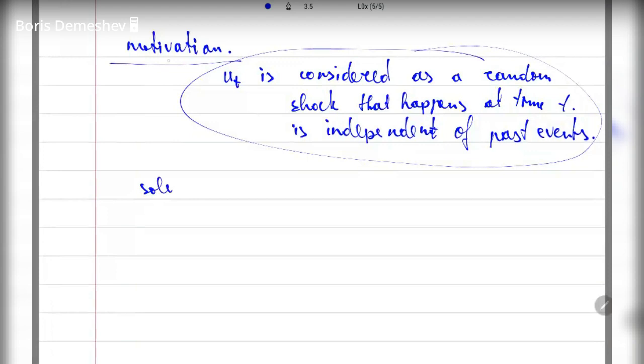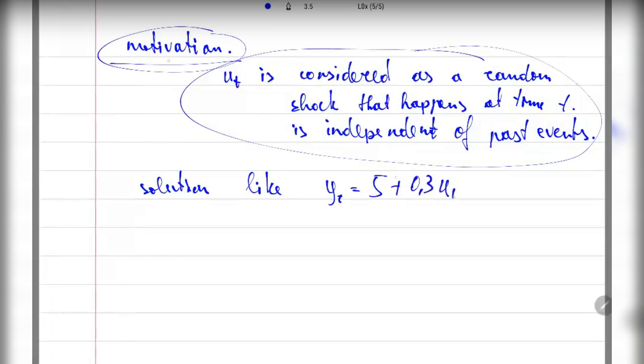Okay, in this case, if I use this motivation, a solution like y_t equal to, let's say, 5 plus 0.3 u_{t+1} is something strange. From a mathematical viewpoint, that's a perfectly defined process.